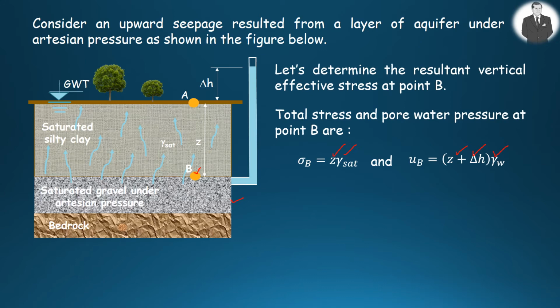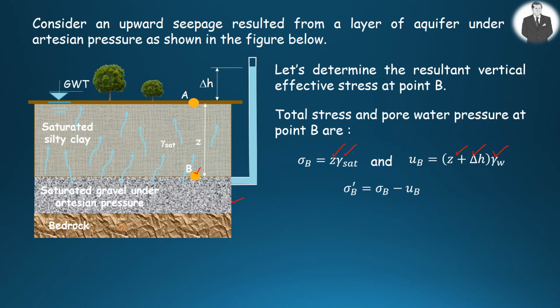Since the saturated silty clay is under artesian pressure, we need to insert a standpipe into the aquifer layer to determine the actual height of water in the standpipe. And then we calculate the pore water pressure accordingly, as we did here.